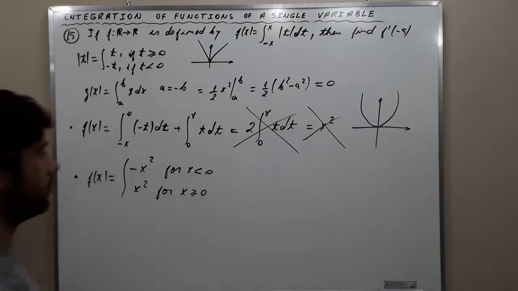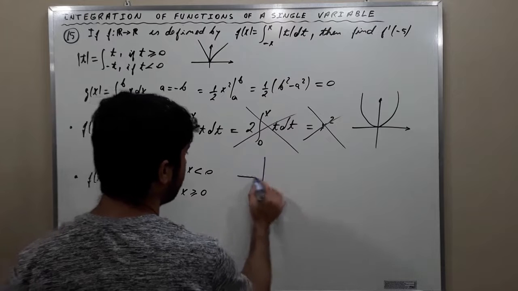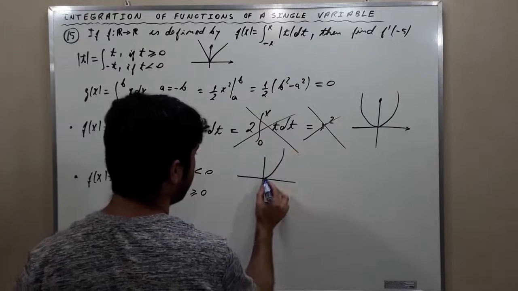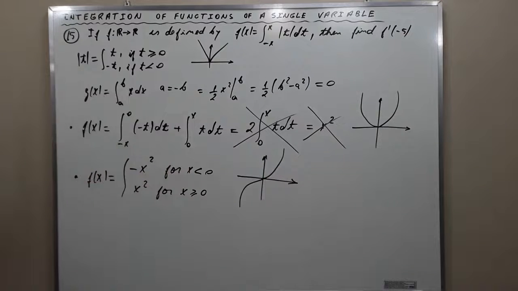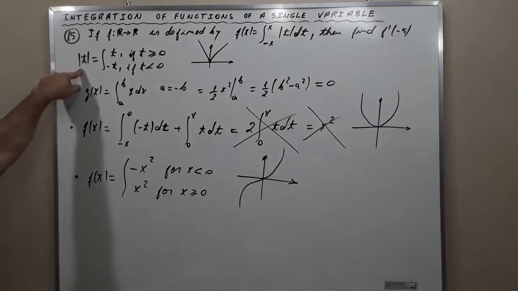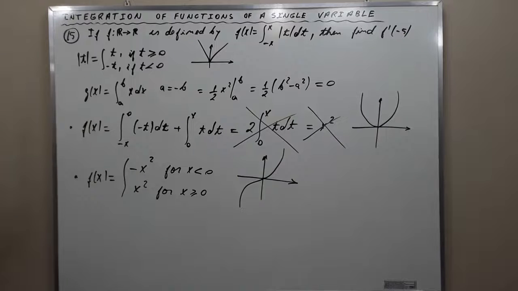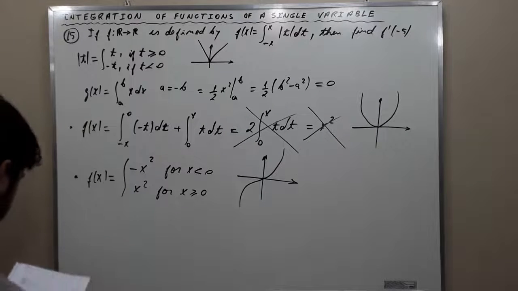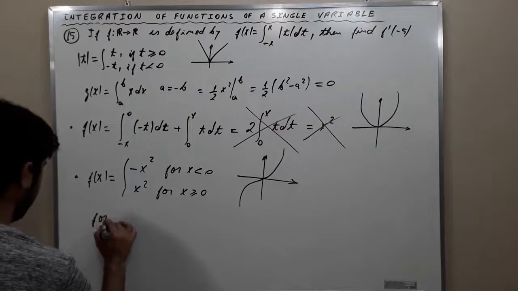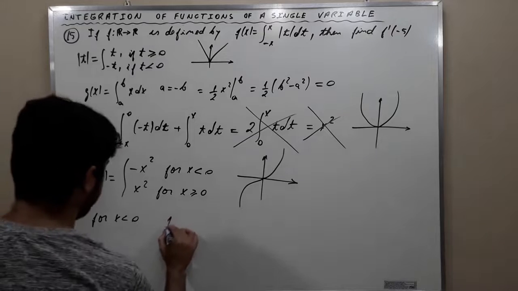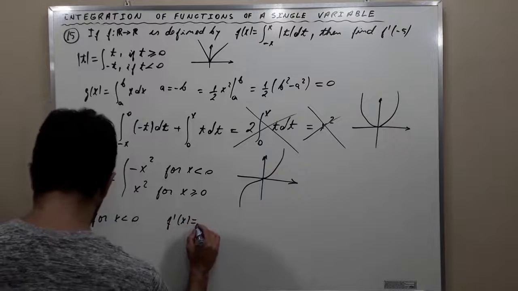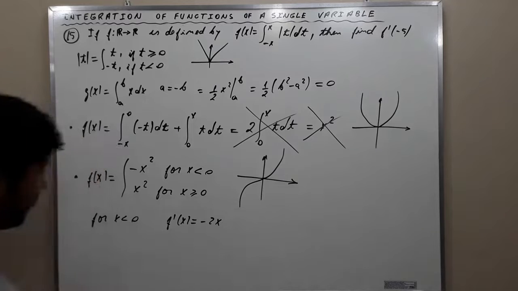And this function is of the sort, and this function here does produce this if we differentiate, and for x less than 0 we get that the derivative of the function is equal to negative 2x.